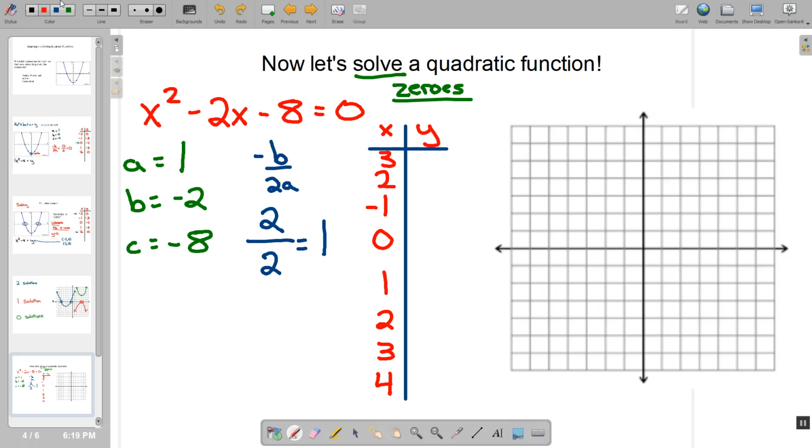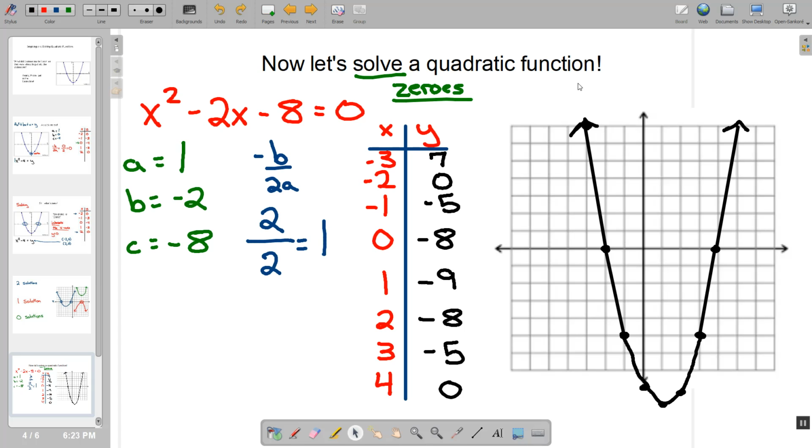Now what I want you to do is fill out this table by plugging each value into the quadratic function. I'm going to do that, so pause the video and see if our answers match. Now as you can see, one of the problems with quadratics is that the numbers get really big quite fast, so you end up creating a situation where your quadratic doesn't fit on your graph quite frequently.